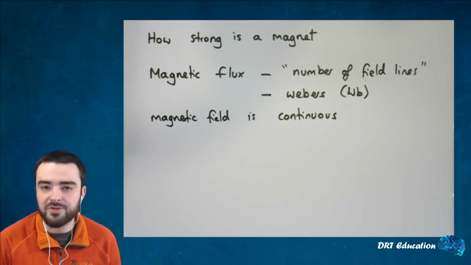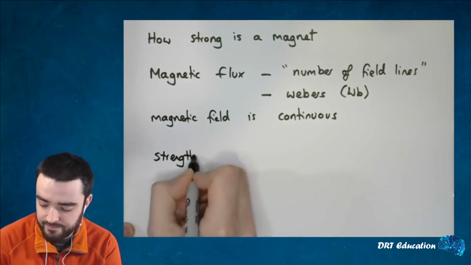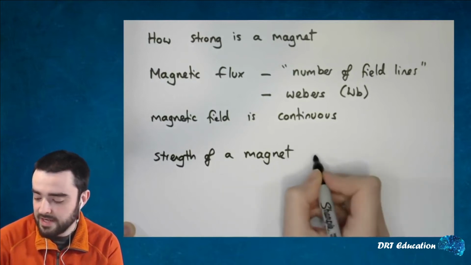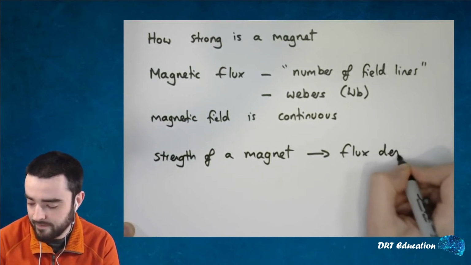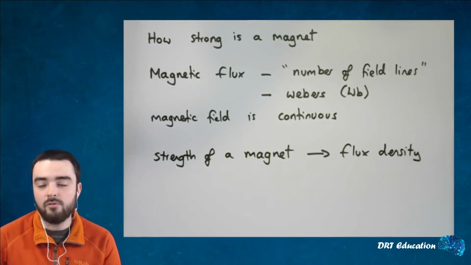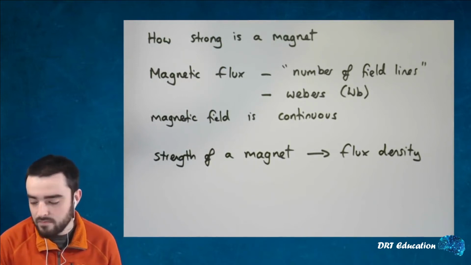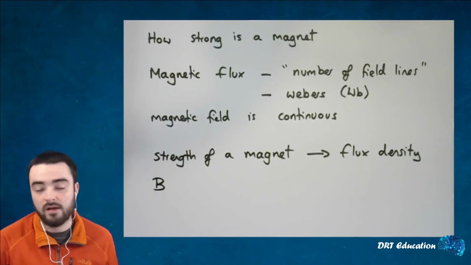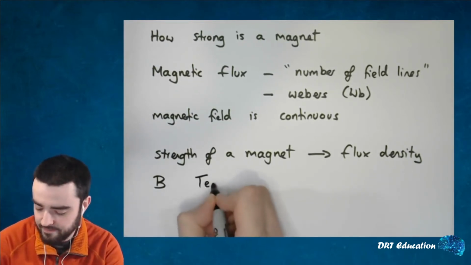So really what we should be interested in if we're thinking about the strength of a magnet is the flux density. How many of these field lines are there per unit area? And flux density, which has a symbol of B, helpfully, is measured in Teslas.